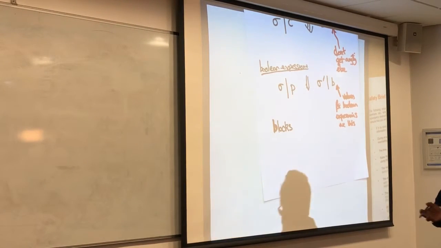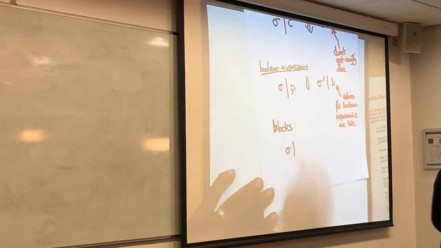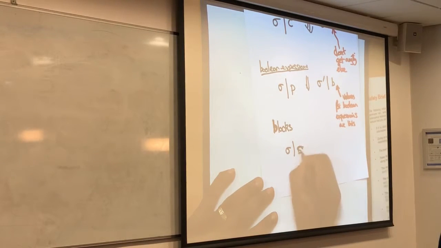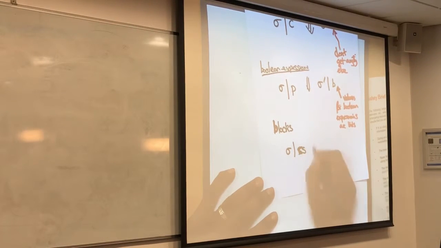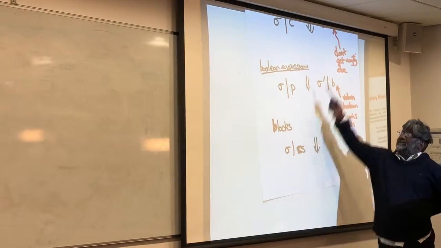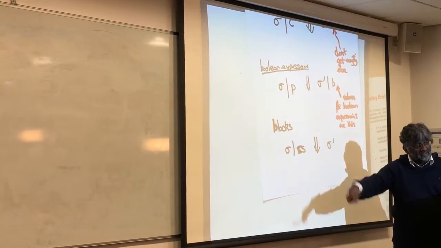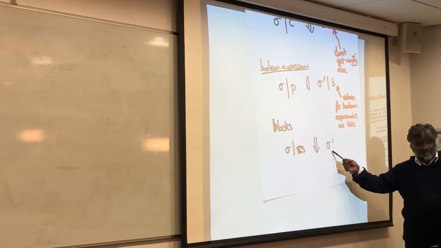Well, a block is just a list of commands, so not surprisingly, it'll be something like sigma in some memory. If you have a list of commands, then that will reduce to a new memory. All we'll do is we'll take the first command, run that using the judgment for commands, then run the next one, run the next one, run the next one, and we'll end up with another memory.